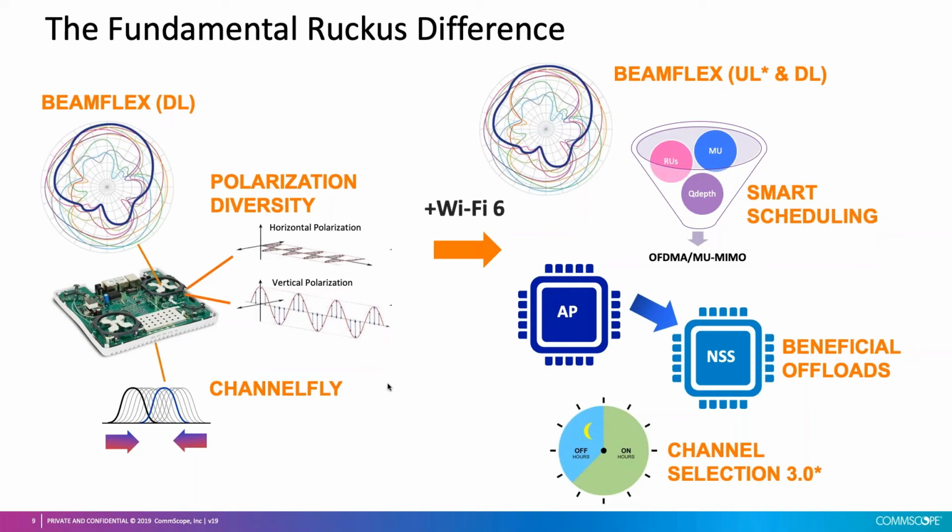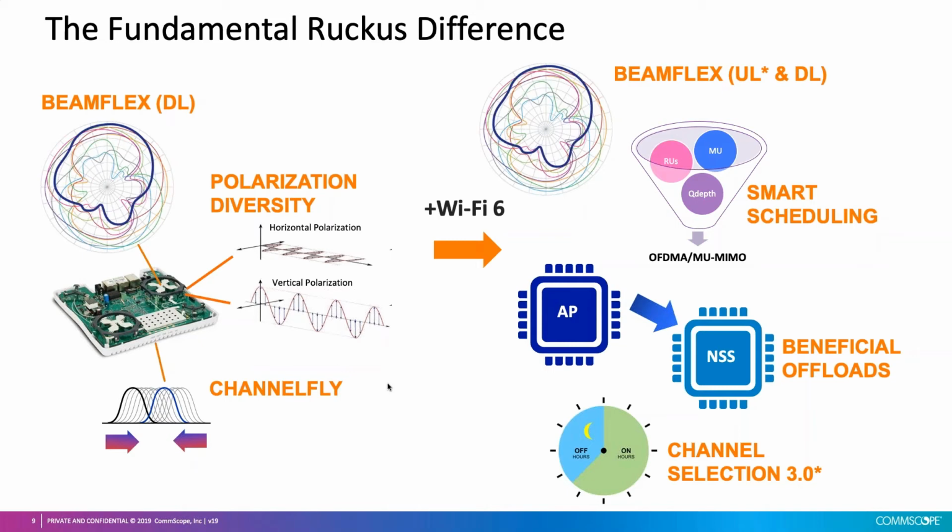And lastly, ChannelFly is the ability to do channel changes based on the noise in the environment. We can take a statistical analysis, find the cleanest channels, and move your APs to the cleanest channels. So that's what makes Ruckus different from other vendors out there.